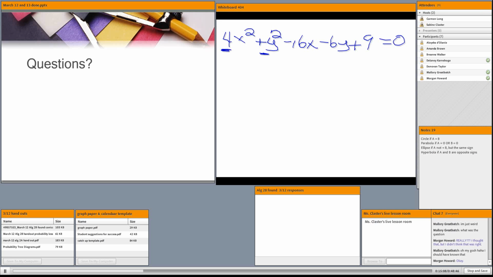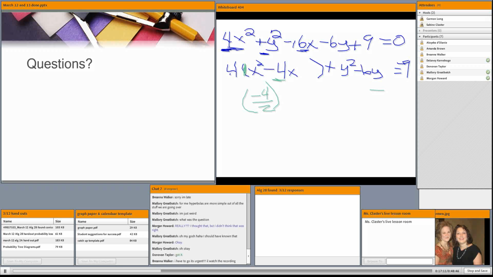So -4 halved, that's no big deal. You can do that. And then you're going to square it. So half of -4 is -2, and -2 squared is what you're going to add right here. Hopefully everybody remembers how to do that from when you did quadratics last semester.